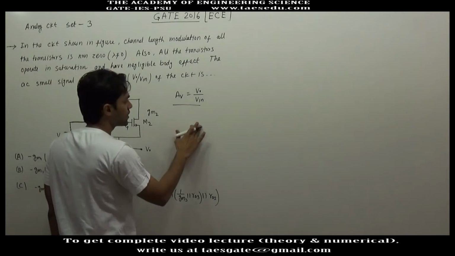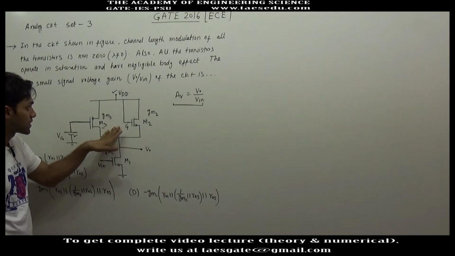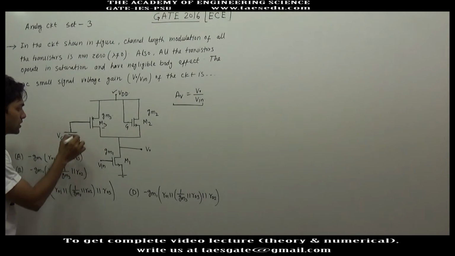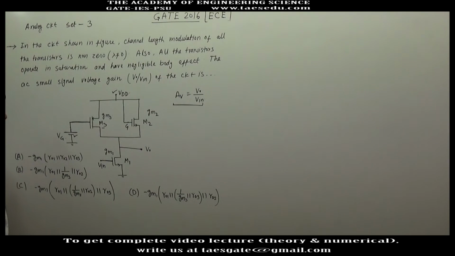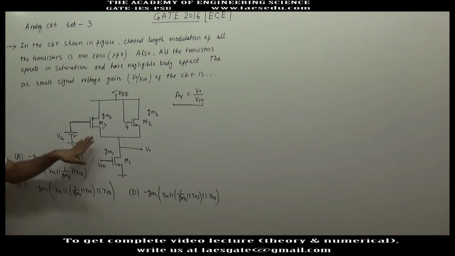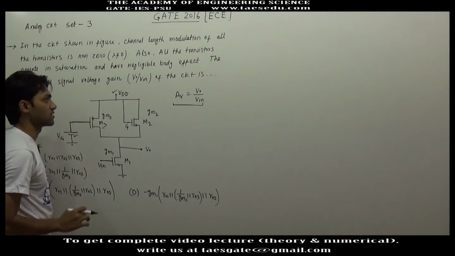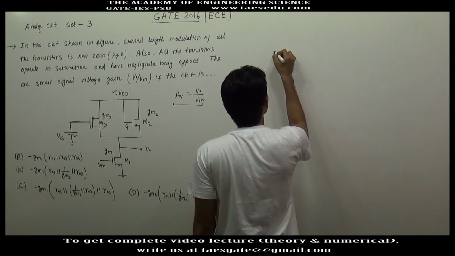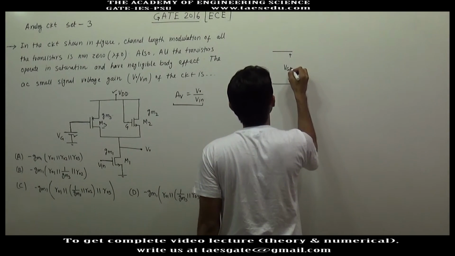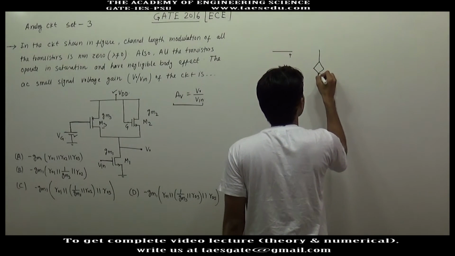Okay, to find out the small AC voltage gain, let us first draw the AC model of this amplifier circuit. So in AC model, all the DC voltage sources are short circuited, and instead of this MOSFET, we will draw the AC model of this transistor. So what is AC model of a transistor? Here we have VGS, and here we have a voltage dependent current source.